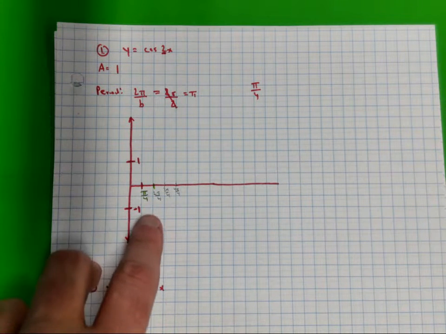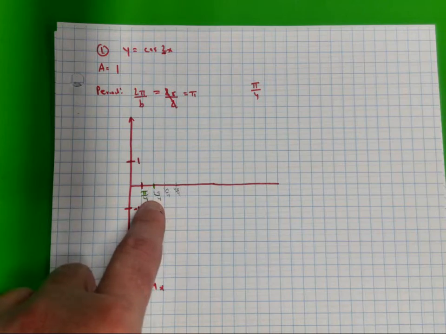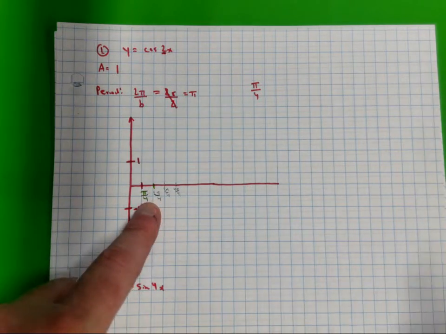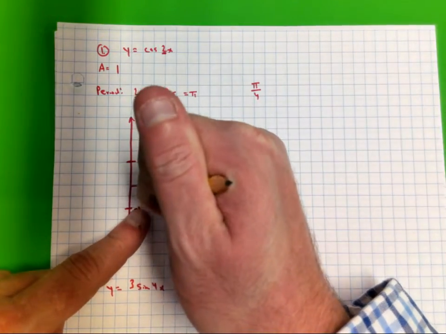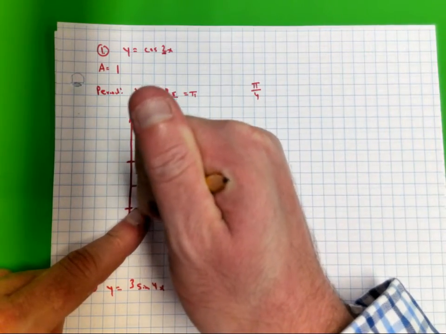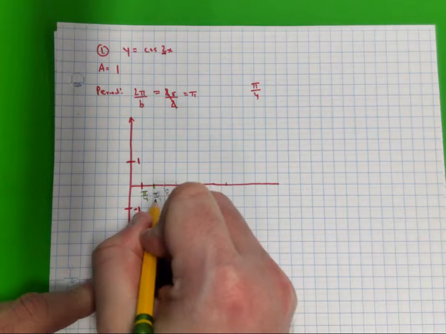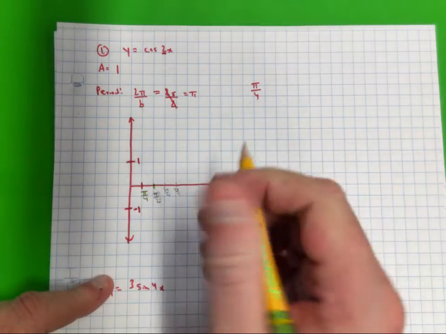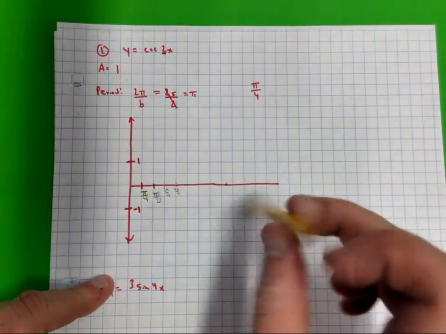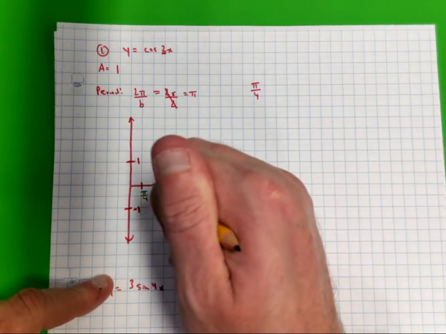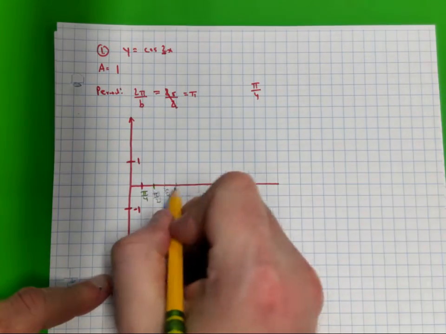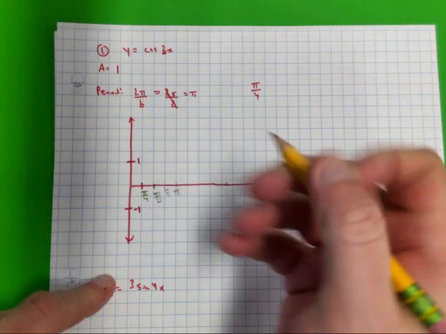And you say, okay, Mr. Trish, do I need to simplify this? Yes, now you can simplify this. Okay? So 2 pi over 4 reduces to pi over 2. 3 pi over 4 does not reduce, but 4 pi over 4 reduces to pi.